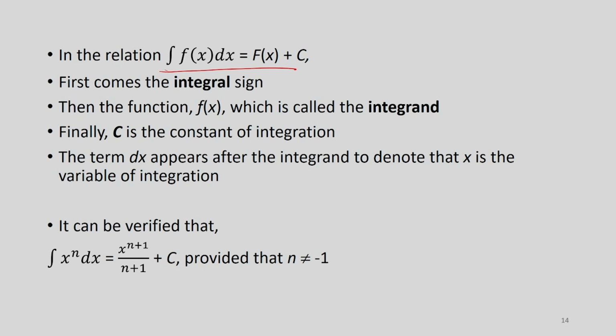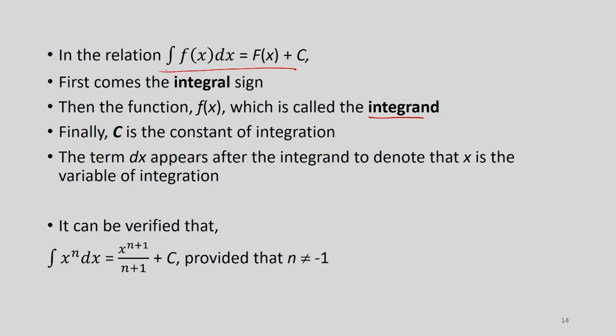First comes the integral sign, then the function that we are trying to integrate, dx, because x is the variable with respect to which the integration is being done. Here f(x) is called the integrand, and on the right hand side we have capital F(x) plus C. C is the constant of integration.